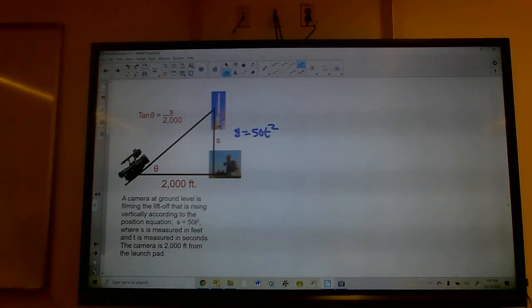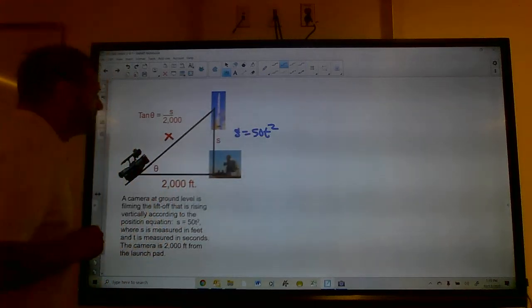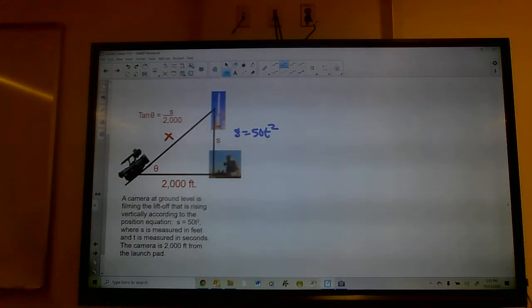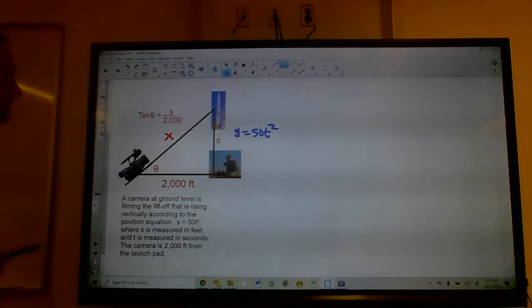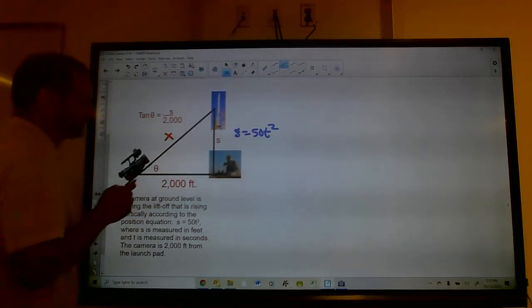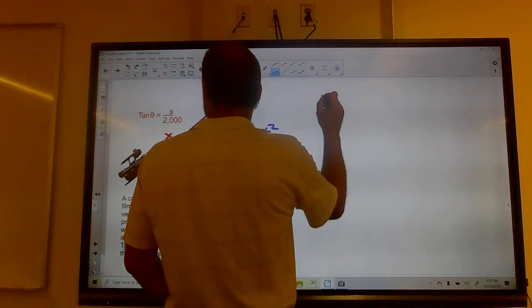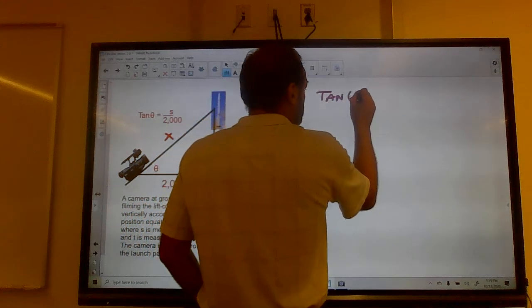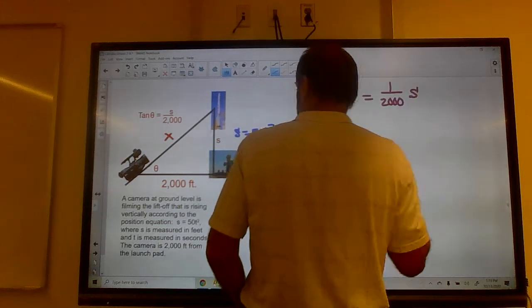Now, we need to figure out a related rate, and the only thing we don't really know here with this right triangle is what x is. But we do know that the tangent is s over 2,000, because the tangent is the opposite over the adjacent. So our related rate is tangent theta equals 1 over 2,000 times s.